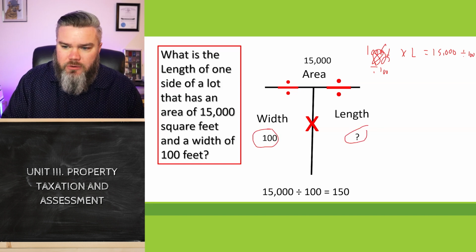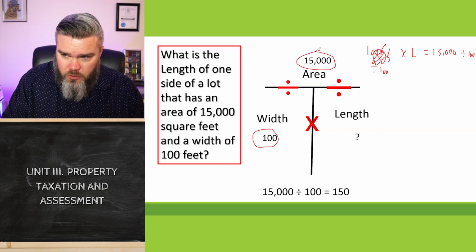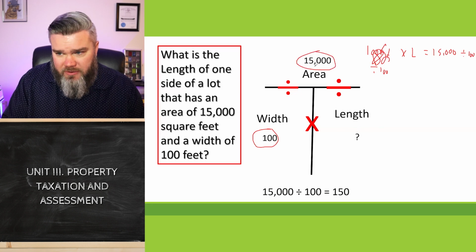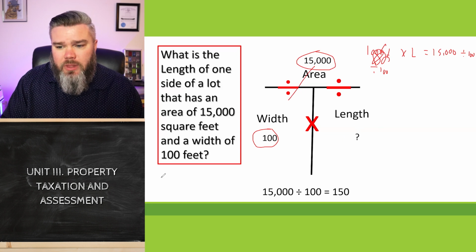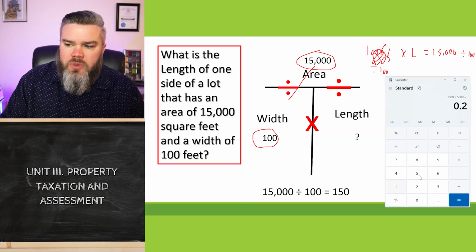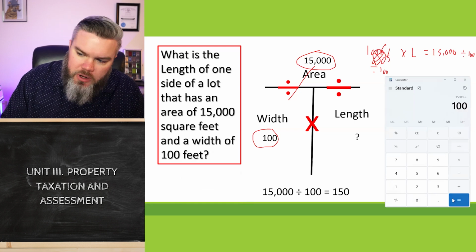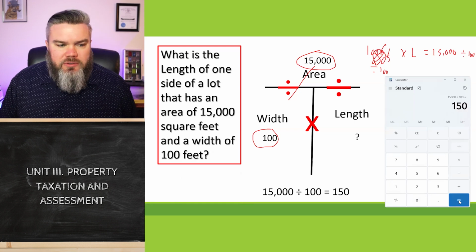Since you don't have that, you've got one side and the total, it'd be 15,000 divided by 100. It's the exact same thing between the linear equations and the T-bars. It's just some people are more comfortable with one over the other. So 15,000 square feet divided by 100 feet as the width would tell you your length is 150 feet. That's it.